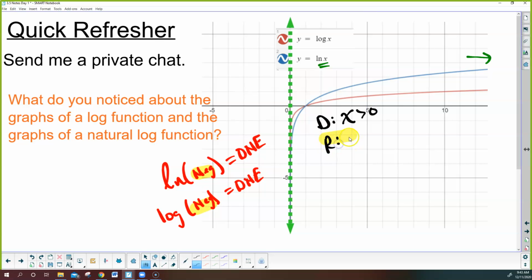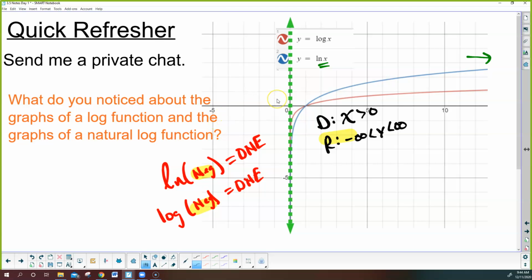The range is actually all real numbers because we go forever down and forever up. So I accidentally miswrote that, which means your inputs, notice we don't have any x values here that are negative. So all the inputs, when you take the natural log or log, have to be positive.